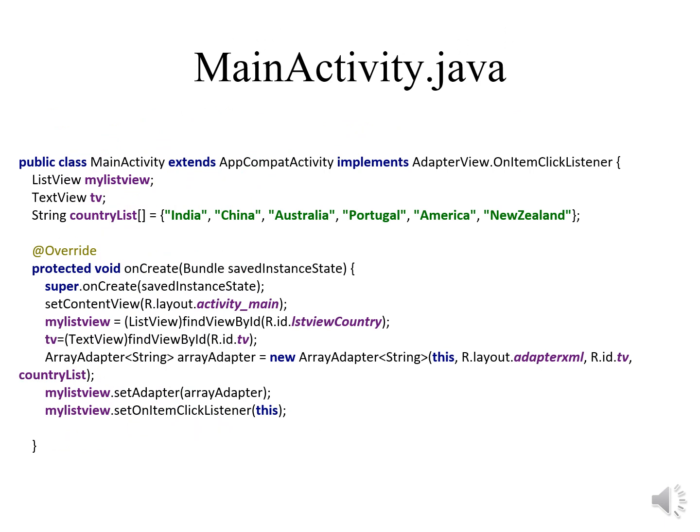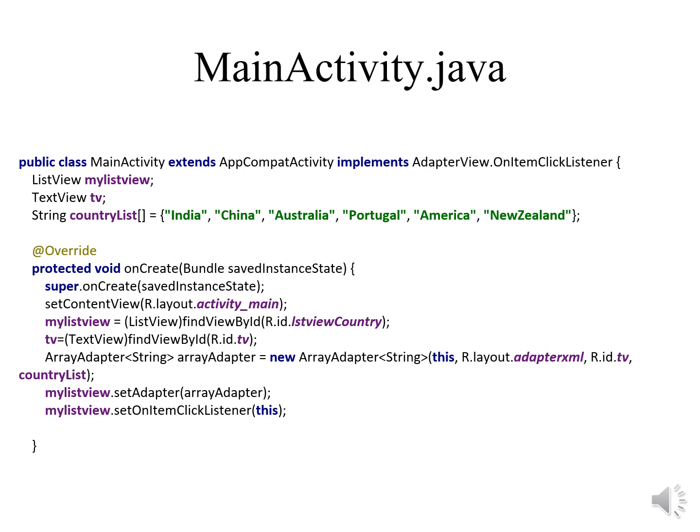In the main activity, we have to create references for the list view object and text view object. Then I am defining a string array for storing different country names. Within the onCreate method, we are getting the IDs of all the user interface elements which we have created in the XML file.